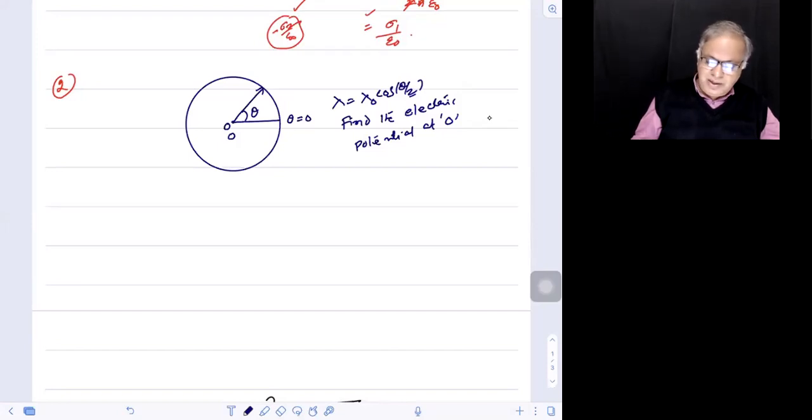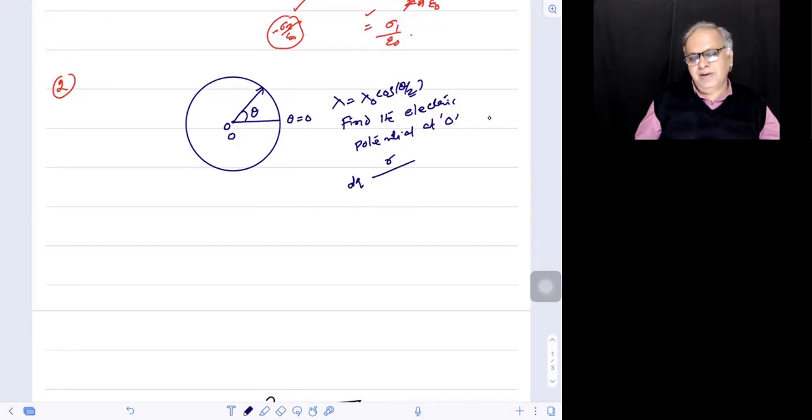Lambda 0 cos theta by 2. So what does it mean? Look, children, one thing I'll tell you. The potential for a dq charge at a distance r would be how much?